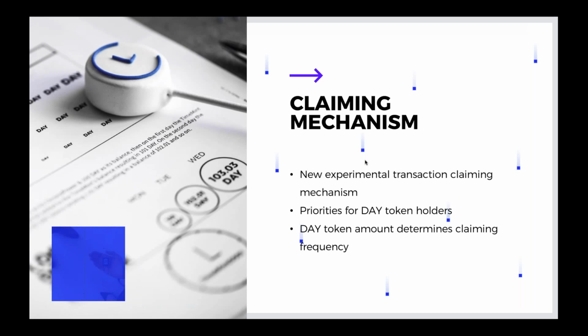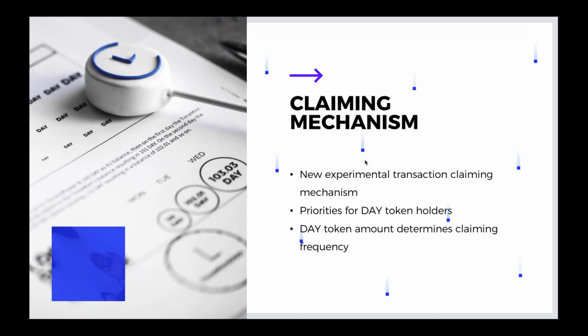But if you are a DAY token holder, depending on your amount of DAY tokens, you are able to claim these transactions as soon as they are broadcasted to the network. So a DAY token holder time node can claim this transaction and say, okay, I want to run this transaction when it's scheduled to be executed. Depending on the amount of DAY tokens, you will be able to do this in a more frequent way.